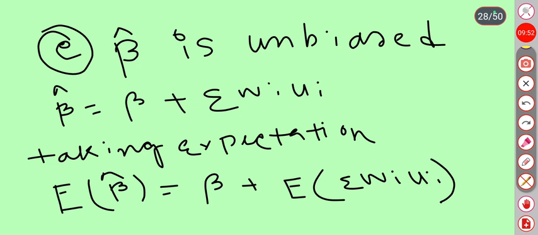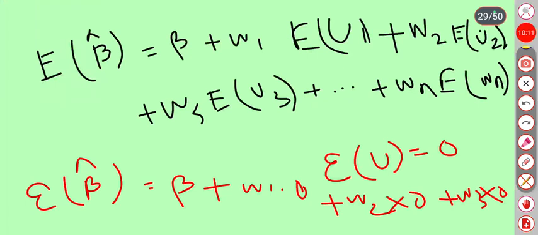So expected value of beta hat is equal to beta plus expected value of sum of wi ui, and we can write it in such a way that expected value of beta hat is equal to beta plus wi, putting inside and taking expectation of ui, because ui is the random part, that is why taking expectation.